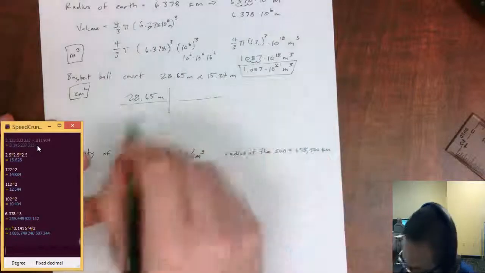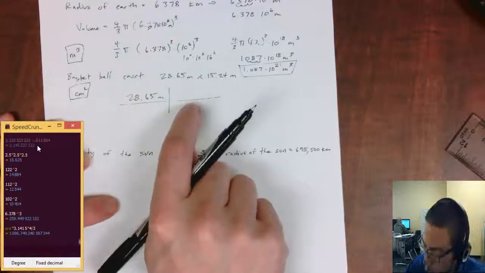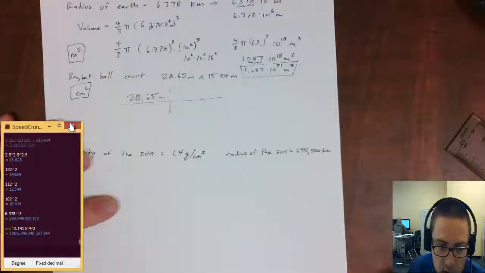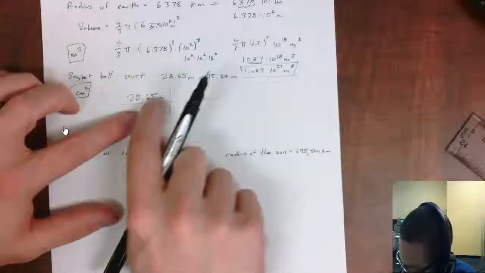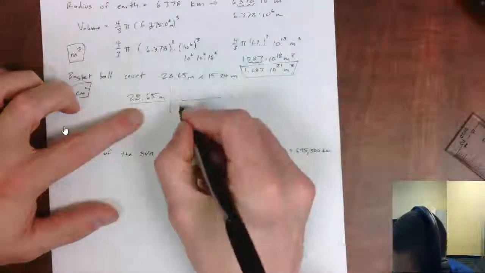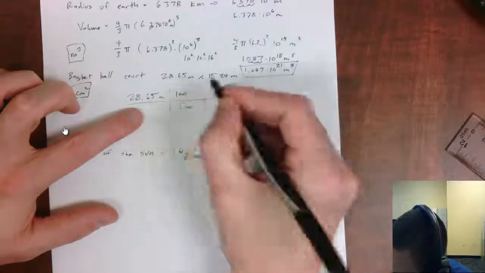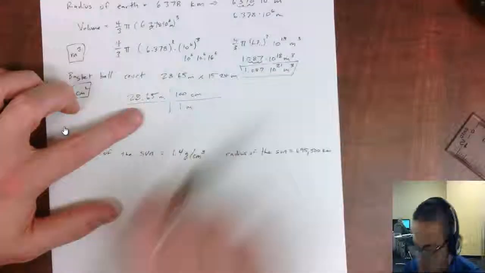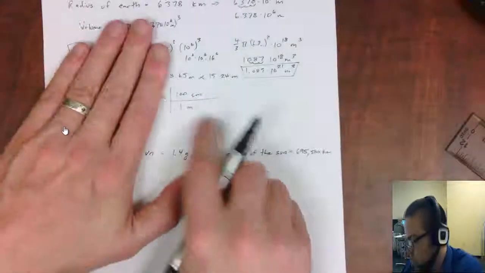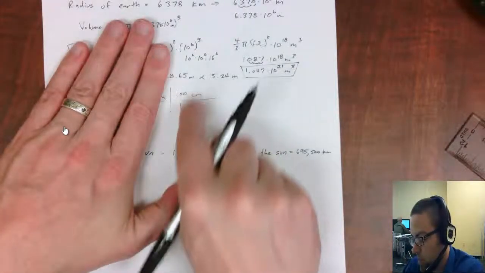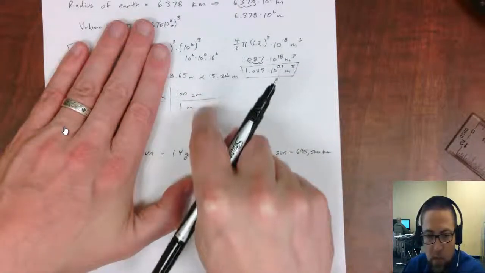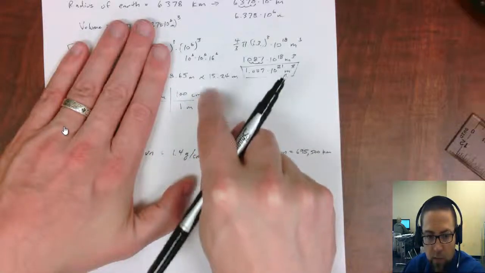So I make this little chart. And I say, okay, there's 1 meter, there is 100 centimeters, right? And you can just put your units that are the same. This is just like dividing by itself, right?